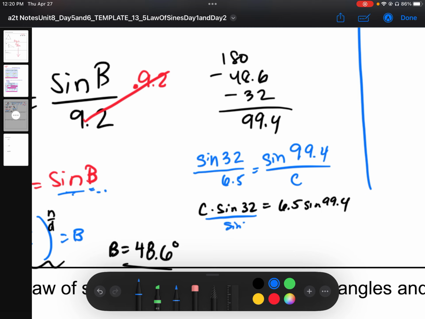Divide by sine 32. We can divide because we're keeping it together. And let's throw this in our calculator. So using the N over D button, 6.5 sine 99.4 divided by sine 32. All right, I got 12.1.